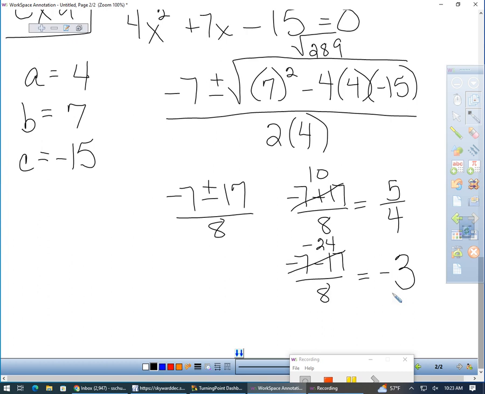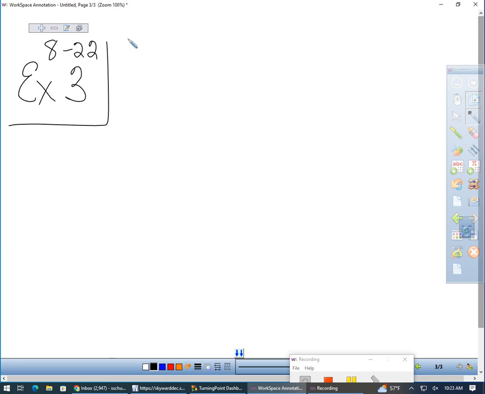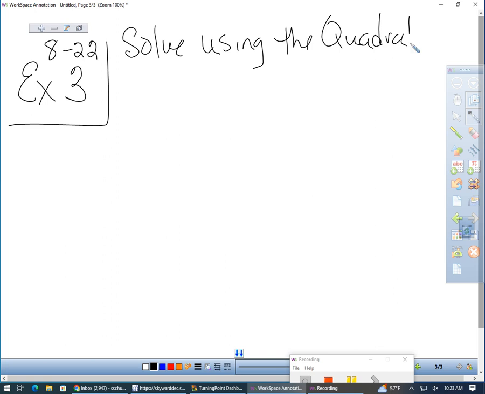Okay, let's go with example number 3. Do I have any questions out there anywhere? Okay. Example number 3. So this is what you are doing for 8 through 22. Solve using the quadratic formula.